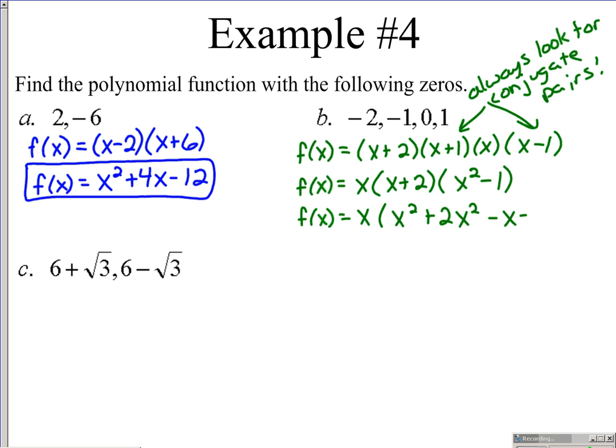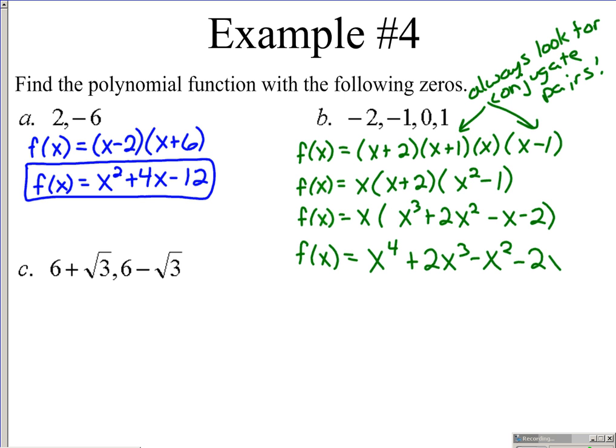Finally, distribute that x through to everything. Made another mistake here. This should be x cubed, not x squared. So now when I distribute the x through, we get x to the 4th plus 2x cubed minus x squared minus 2x. There's our final polynomial.